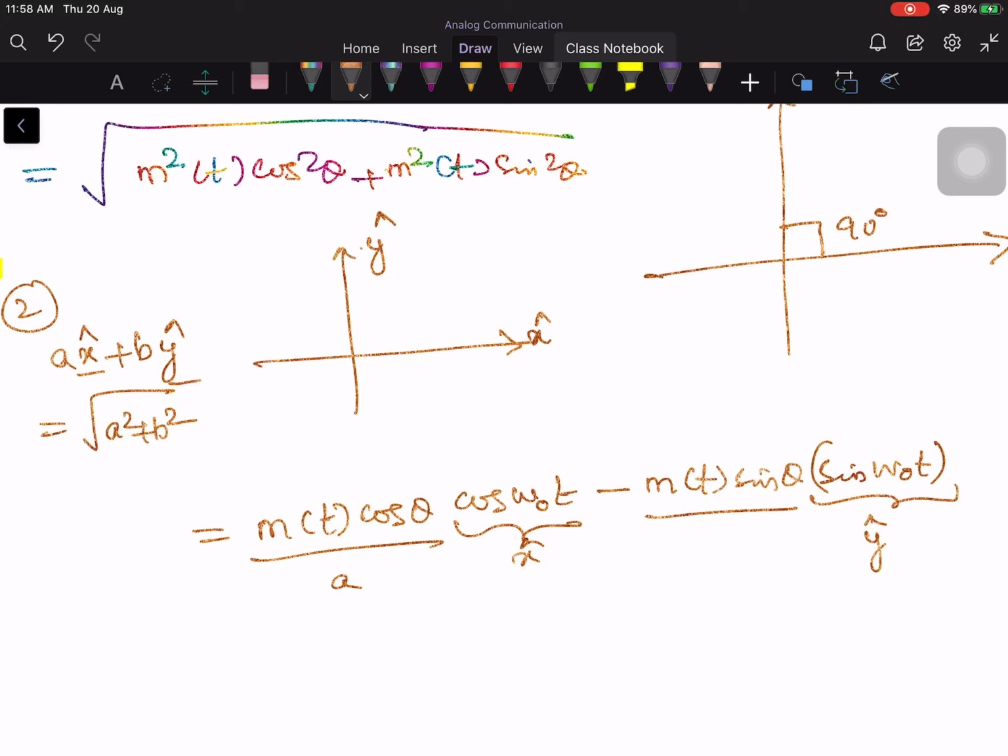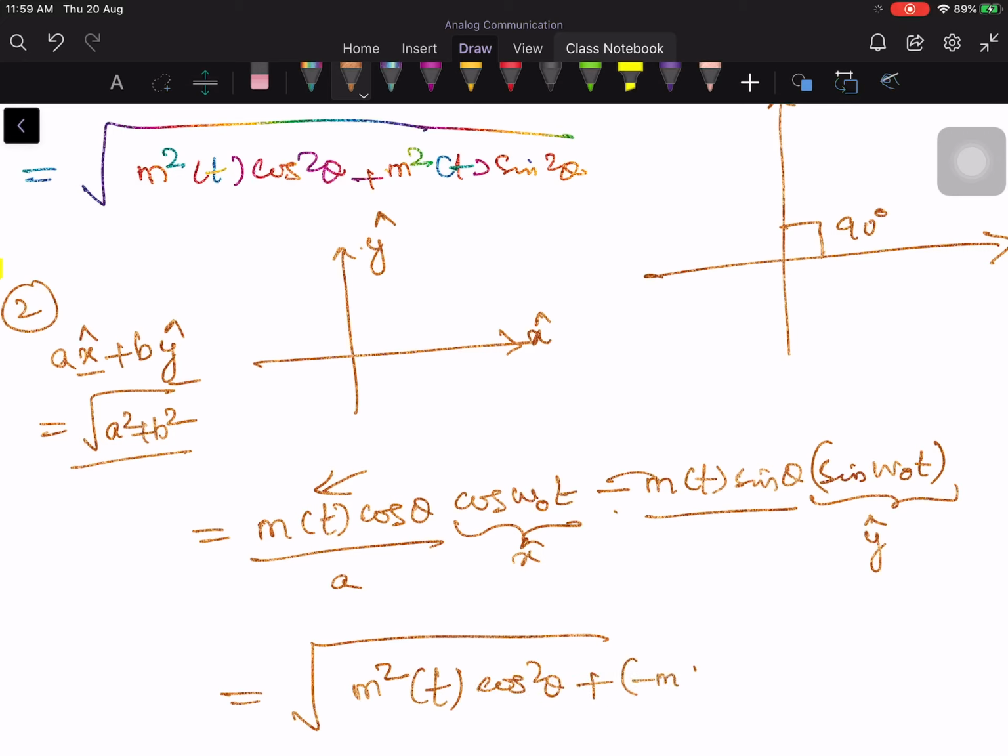So, the magnitude is square root of a square plus b square. Similarly, here it is not simply magnitude, it is instantaneous magnitude because it is a function of t. Therefore, this is called instantaneous magnitude. So, m square of t cos square theta plus m square of t sin square theta.